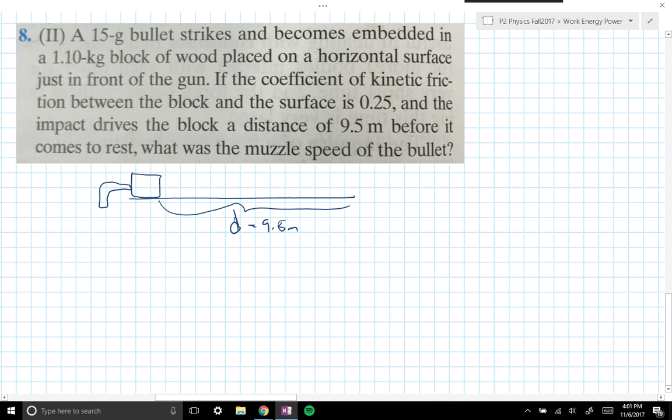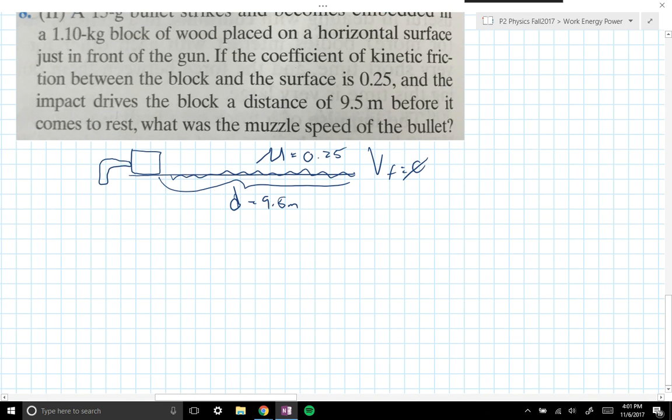And you got some friction happening through here, mu of 0.25. And at the end, the final velocity of 0. What was the muzzle speed of the bullet? So basically, what was the initial velocity coming out of the gun? Initial velocity of the bullet.